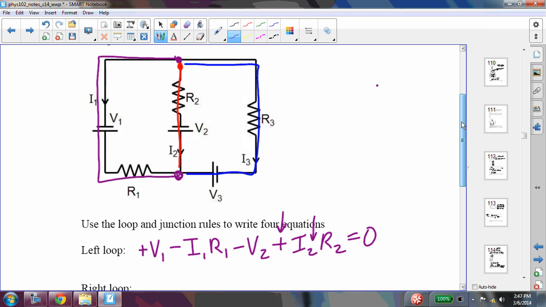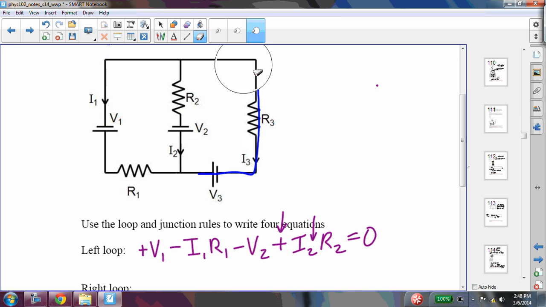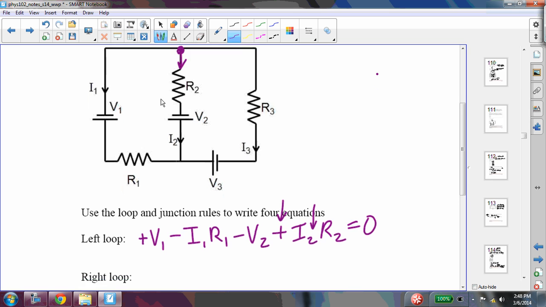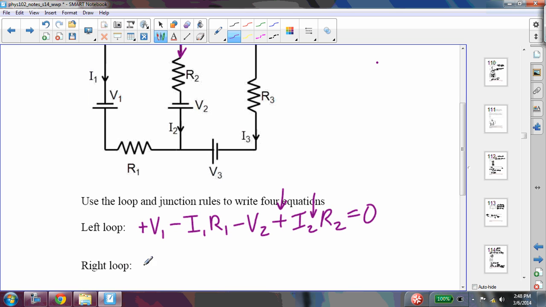Let's look at the right loop now. I'm going to start at the top here on the right loop, and I'm going to go down. I'm going to go through the circuit in this direction and follow it through. First off, I'm going with the current, so I have minus I2R2.